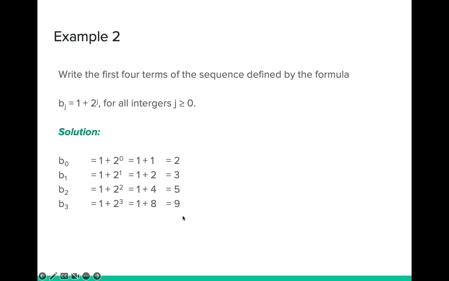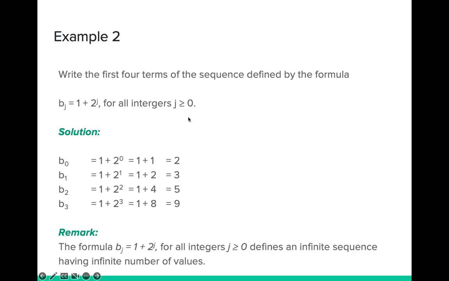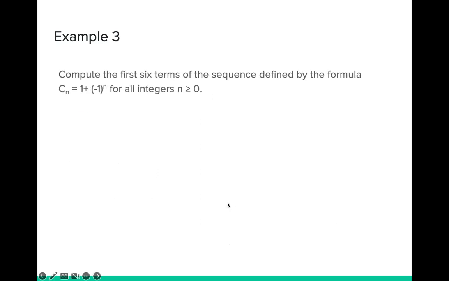Okay, so we form a sequence 2, 3, 5, 9, and so on, based on the explicit formula that was given. Again, the formula b sub j equals 1 plus 2 raised to j for all integers j greater than or equal to 0 will then define an infinite sequence having an infinite number of values.